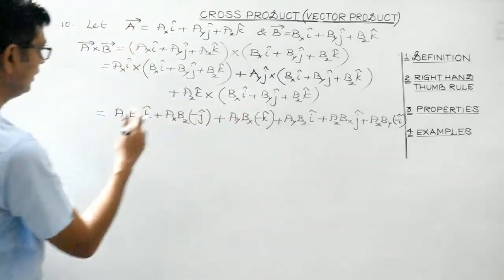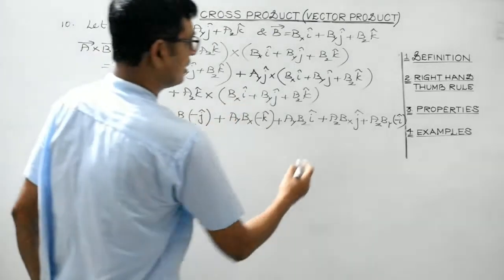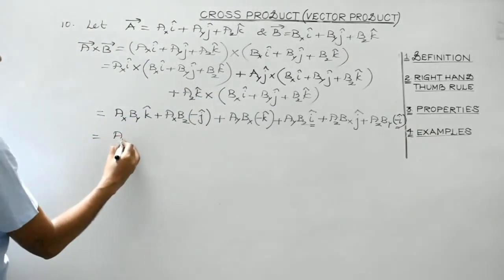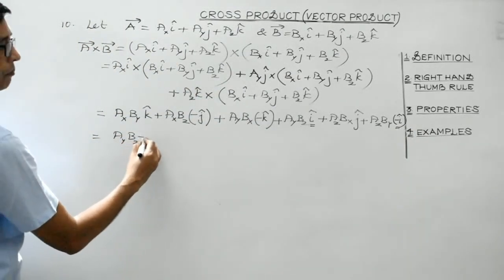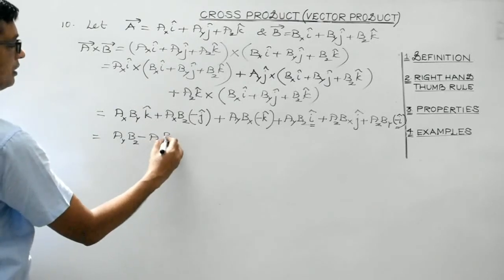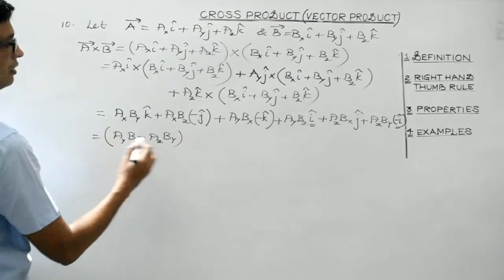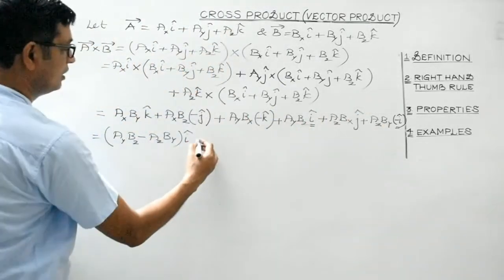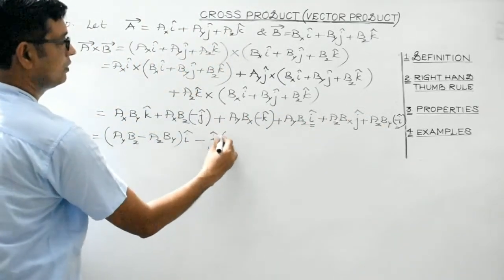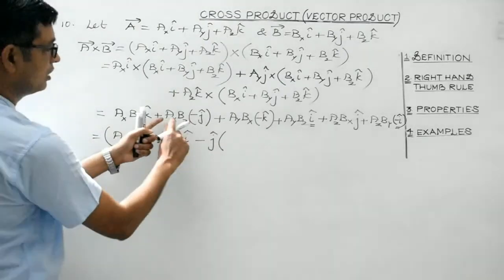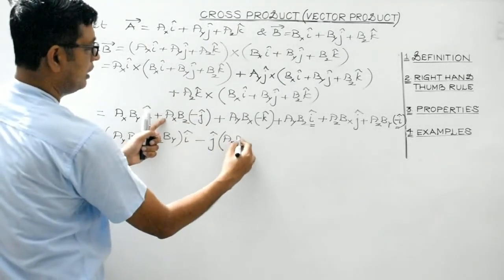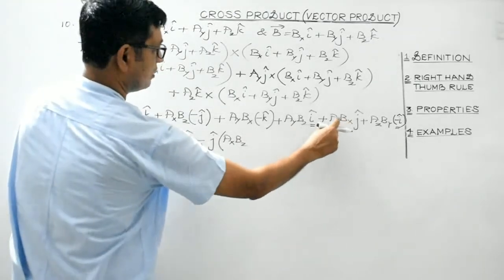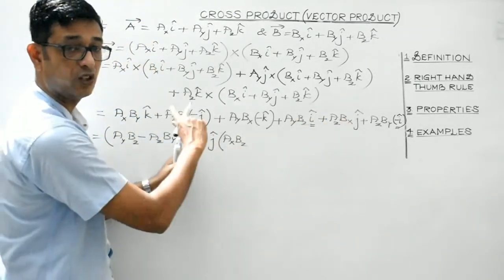So now let's try to rearrange these terms, right? Let's consider the coefficient of i cap. So what you get is (ay bz minus az by) i cap. You consider these two terms. Then consider minus j cap. Here what we get is (ax bz minus az bx), and minus has already been taken outside the bracket.